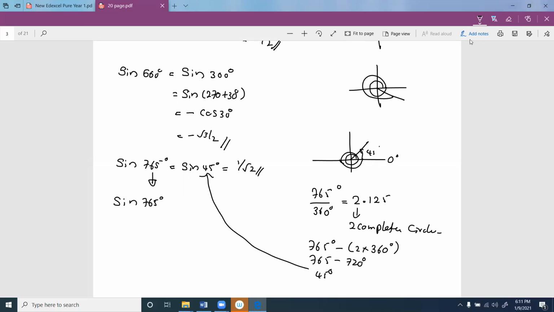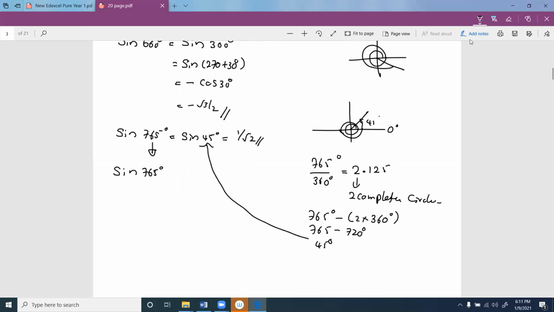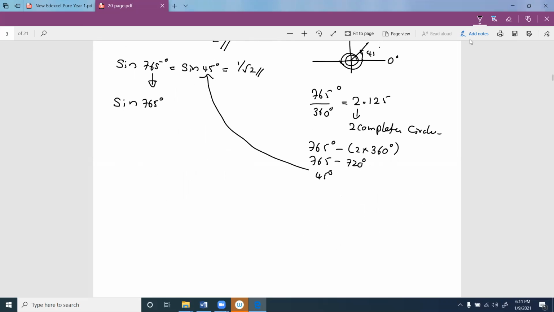Right, okay. Now let's go ahead with another example and see how this progresses. If you want cos 1920, then what you need to do is divide 1920 by 360. That gives you how many complete circles there are. 1920 divided by 360 turns out to be 5.33.